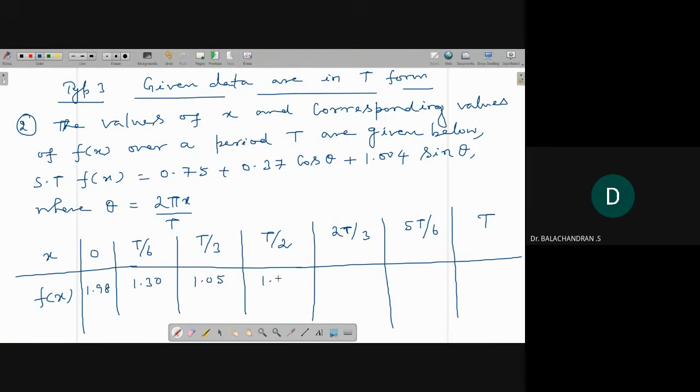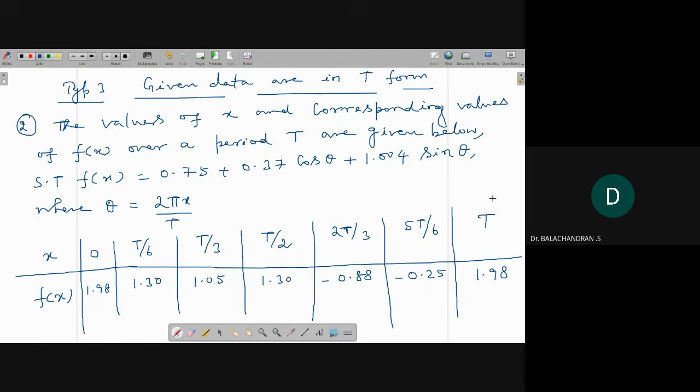So again I have 1.30, so it's a repeated value, but you should take both. Minus 0.88, minus 0.25, but finally here I have 1.98. So it is a repetition. The first and the last values are repeated.